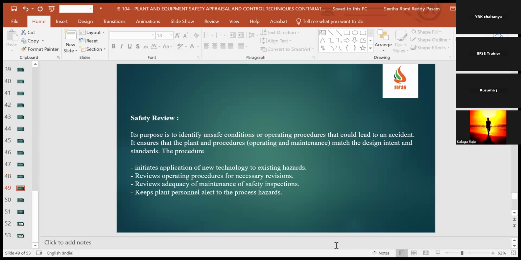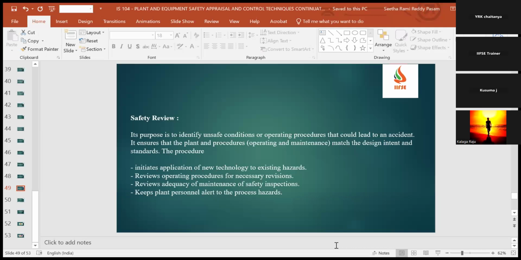Then safety review. This is another kind of appraisal to reduce and prevent accidents. Its purpose is to identify unsafe conditions or operating procedures that could lead to an accident. It ensures that the plant and procedures match the design intent and standards. The procedure initiates application of new technology, reviews operating procedures, reviews adequacy of maintenance and safety inspections, and keeps plant personnel alert to the process hazards.